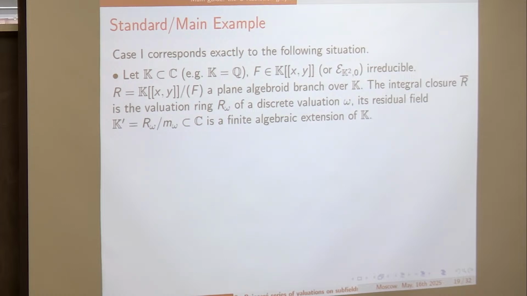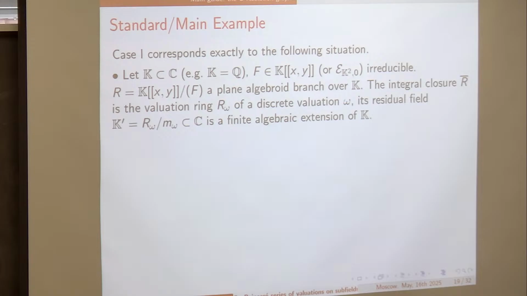You take the integral closure of the quotient ring R. R is a domain, so no problem. This is a theorem: the closure is a discrete valuation ring. The residual field of the ring, that means the quotient of the ring by the maximal ideal, gives you some field that could be embedded in the complex numbers. And this is also a theorem: this is a finite algebraic extension of K.